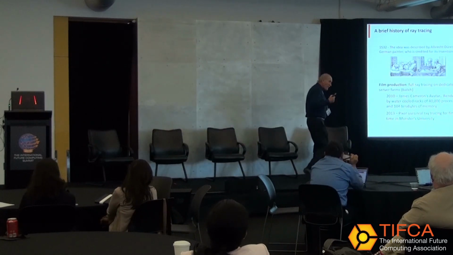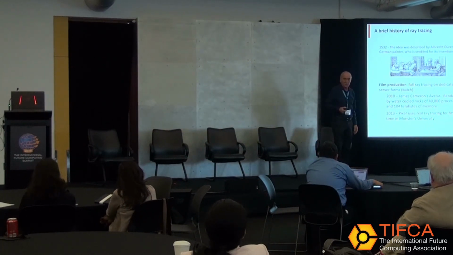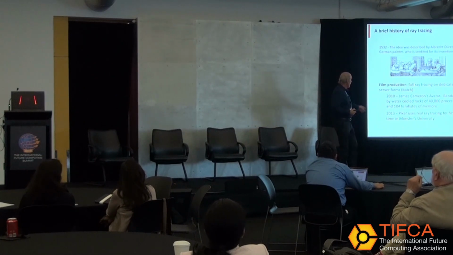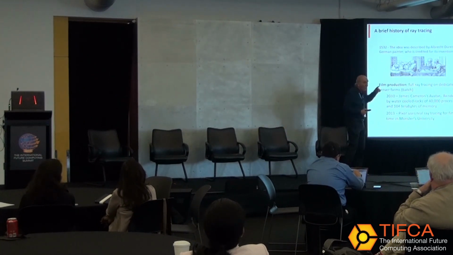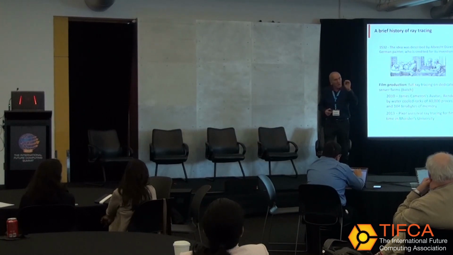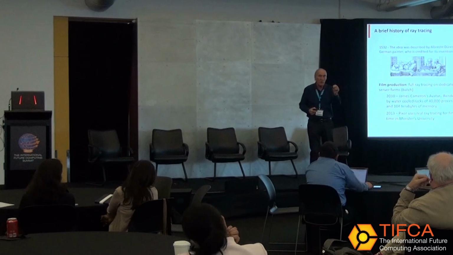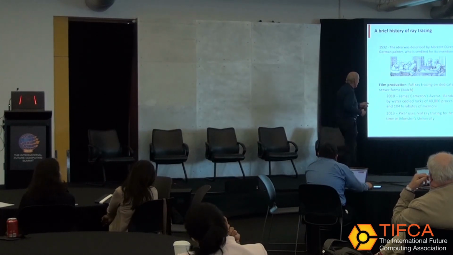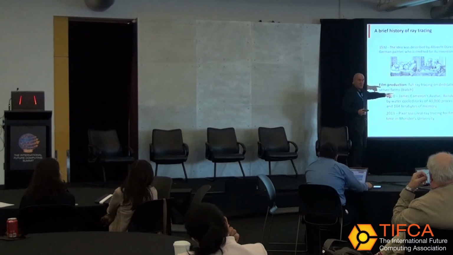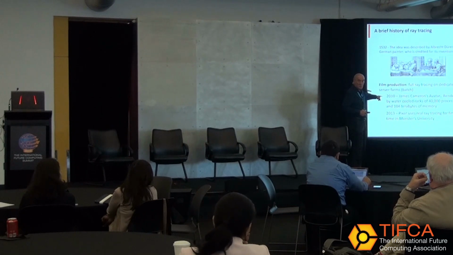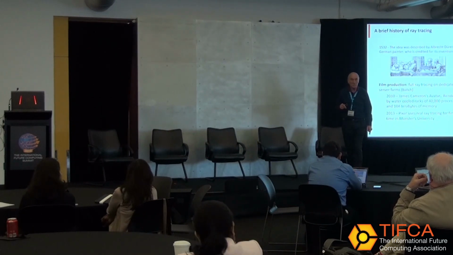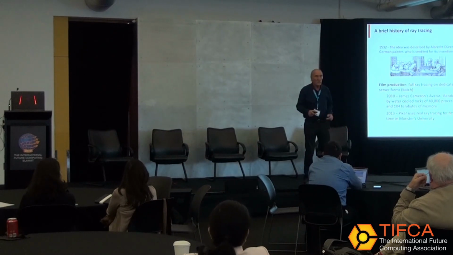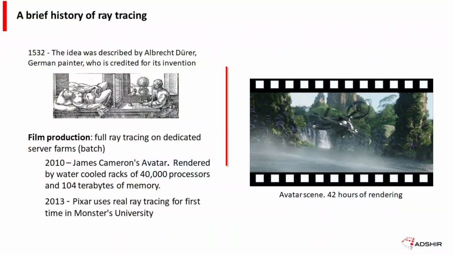And the first to use ray tracing was the film industry. Full ray tracing, because partial ray tracing was done before, was first done by James Cameron in Avatar in 2010, just 9 years ago. It wasn't real time. It was batch, which means you create each single frame, and then you have a sequence of frames and you get animation.